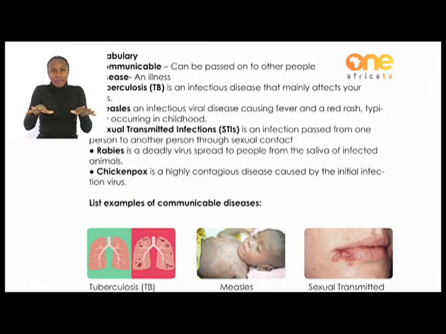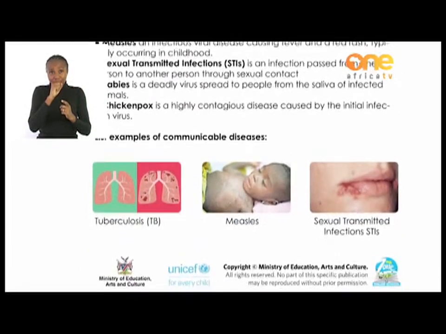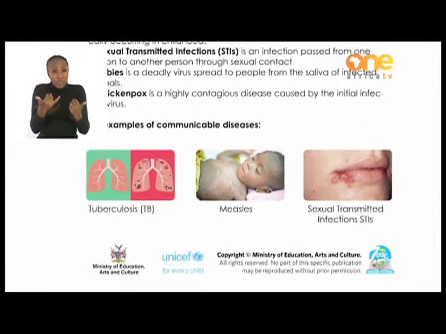Now, what is a communicable disease? It is an illness spread from an infected person through saliva droplets from sneezing and coughing. List examples of communicable diseases. We have tuberculosis, which is TB. You will have high fever, coughing up blood, weight loss, and sweating at night.